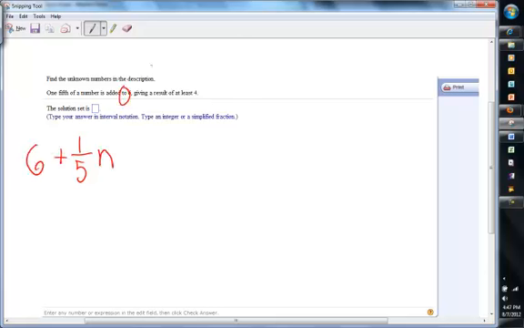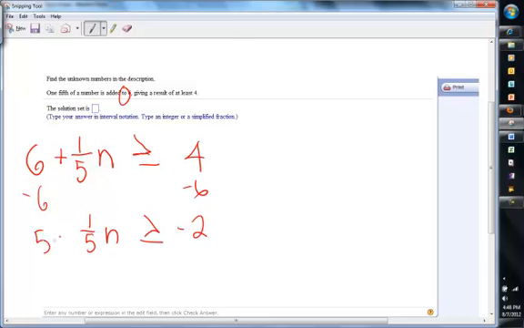Whenever you see the word to, than, or from, switch the order, giving a result of at least 4. Now, since it says it's at least 4, it's not equal to 4. So in other words, it's going to be greater than or equal to 4. Let's subtract 6 from both sides, and we get 1/5 of n is greater than or equal to -2.